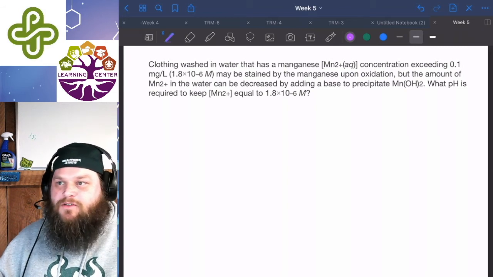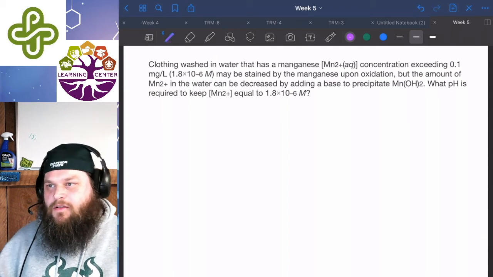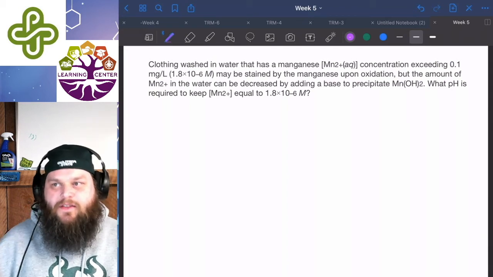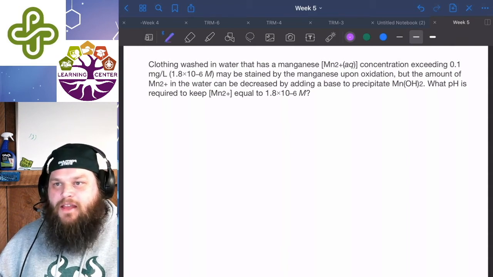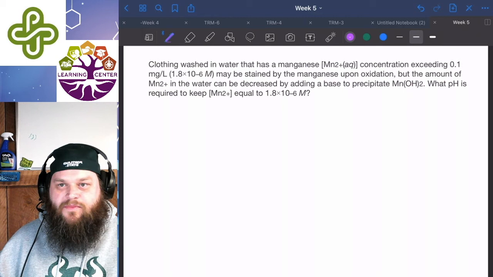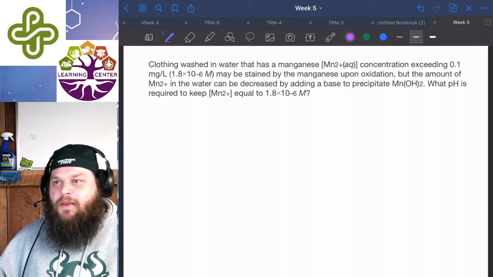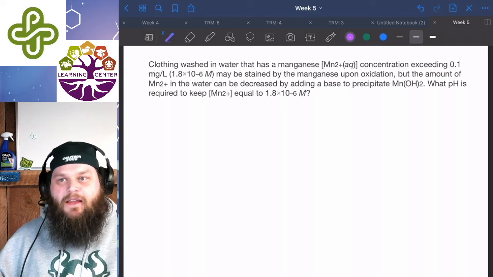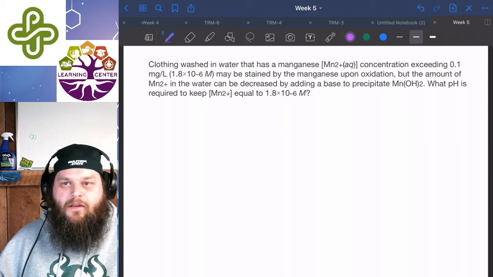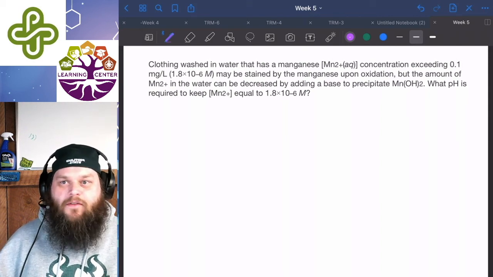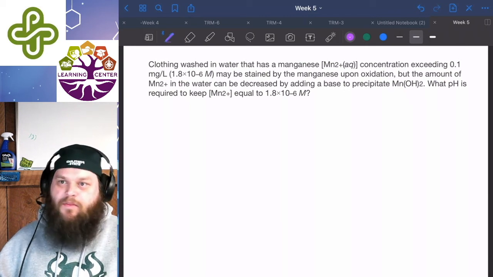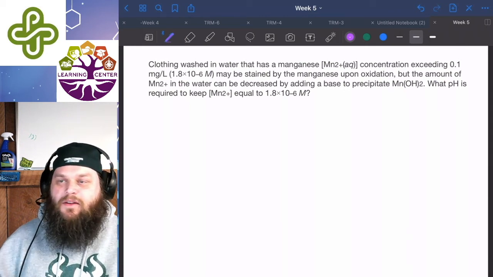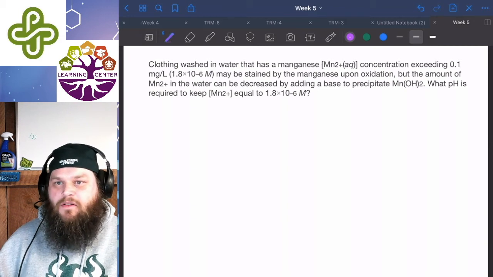And if the concentration is exceeding 0.1 milligrams per liter, which is 1.8 times 10 to the negative 6 molarity, they may be stained by the manganese upon oxidation. But the amount of manganese in the water can be decreased by adding a base to precipitate it, because manganese in the presence of hydroxide will actually precipitate, create a solid, thus making it so it doesn't stain your clothes.